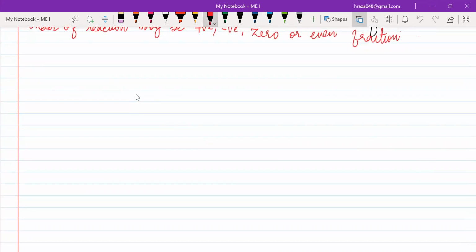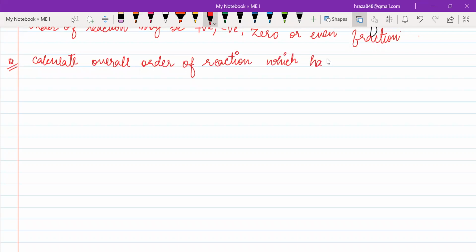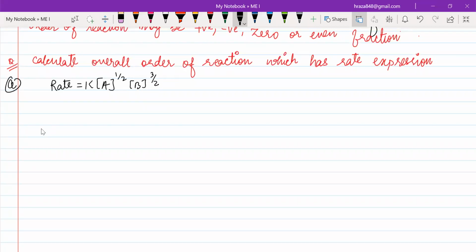Now I'm going to give you a question. Calculate the overall order of reaction, or order of reaction, it means the same, for these rate expressions. First, the rate is equal to k into A raised to the power 1/2 and B raised to the power 3/2. Second, the rate is equal to k into A raised to the power 3/2 and B raised to the power 1.